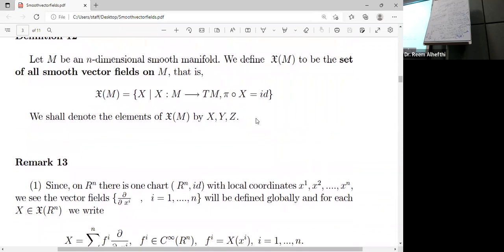Set of vector fields. We have seen what is a vector field.